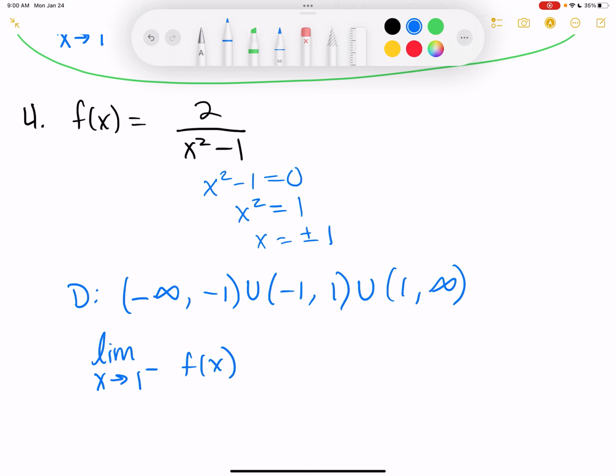Is this going to be the same as the last problem? Basically, yeah. I mean, the way you do it, yes. Positive. Well, you have to imagine what's happening. If you need to use your calculator, you can, because you have to square it.